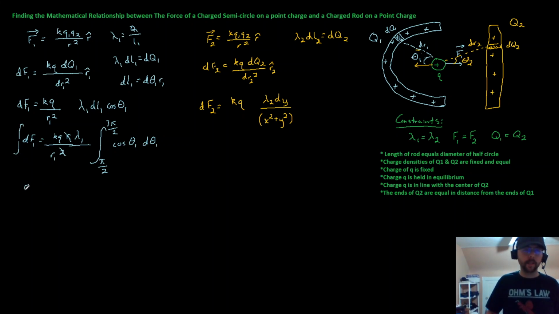So we have f sub 1 equals k q lambda sub 1 over r sub 1 times the integral from 3 pi over 2 to pi over 2 of cosine theta 1 d theta 1.